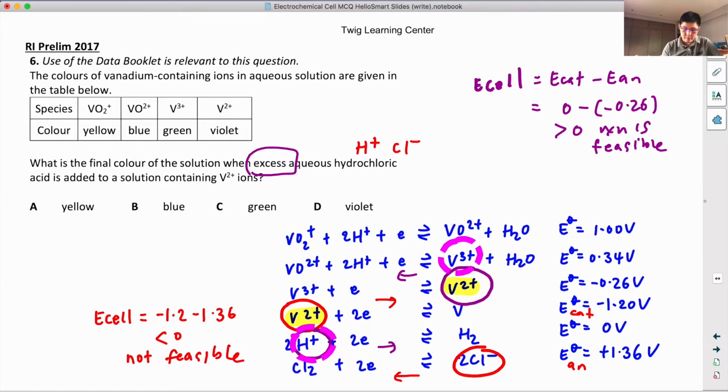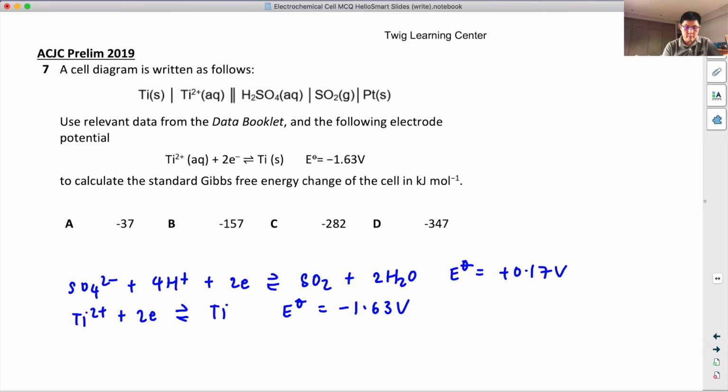This one will undergo reduction, and this one must undergo oxidation. 0 minus 0.34 is negative, so there's no reaction. Hence, the final product is still just V3+. So that means it will be green. Let's look at the next question.